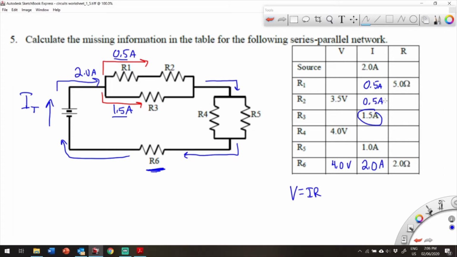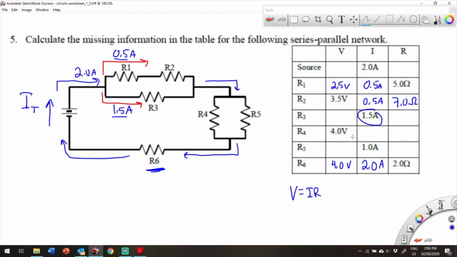Using Ohm's law, I can calculate the voltage in R1: 0.5 times 5 is 2.5 volts. I can use Ohm's law again to calculate the resistance of R2: 3.5 divided by 0.5 is 7 ohms.